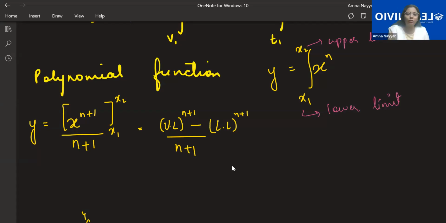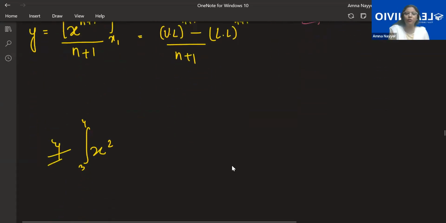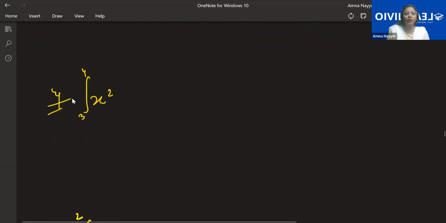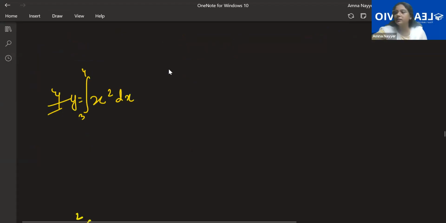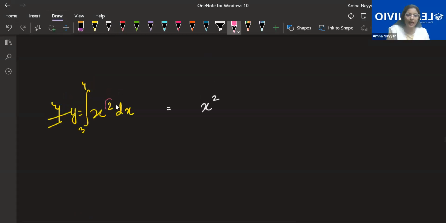Let's look at one or two examples. It will be clear. Let's say you have a function y is equal to x square dx, with limits 3 to 4. So when you are integrating, see how you will integrate it. First step: x square is there. Now you have the power, this is your n, x square.